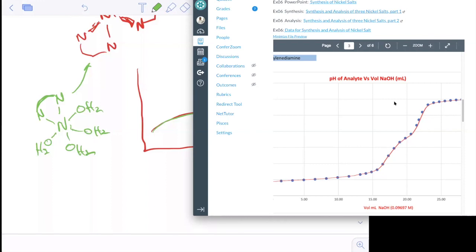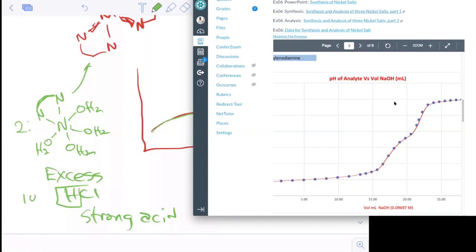In this particular case, you add an excess amount of hydrochloric acid, an abundant amount of hydrochloric acid. What hydrochloric acid will do is it's a very strong acid. Let's say that you have 2 of these in your solution based on the mass that you weighed out, and then you added 10 of these, just so that you have numbers to play around.